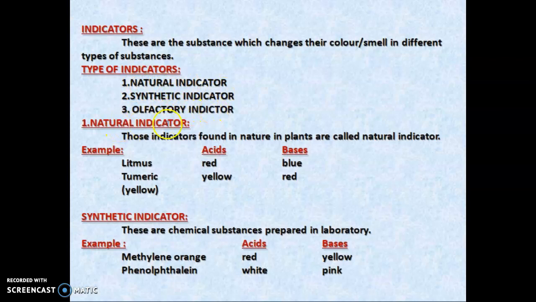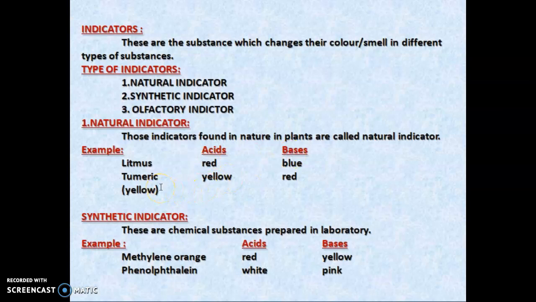Natural indicators are found in nature, in plants. Examples: litmus paper and turmeric. Litmus paper is of two types, red and blue. In acid, blue changes into red, and in base, red changes into blue.